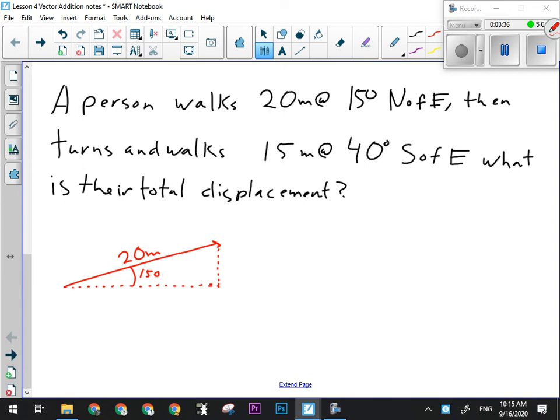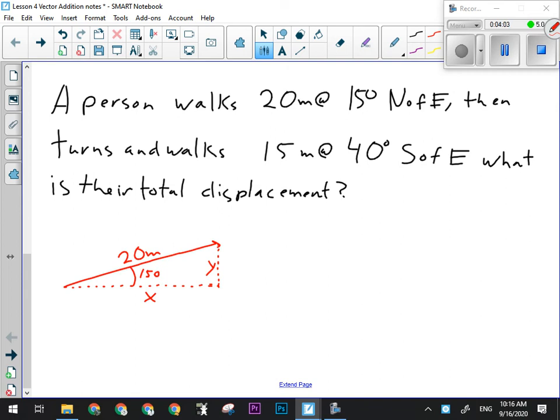Would you agree? So when I'm figuring out my components, I'm figuring out exactly how far east and how far north I go while walking along this 20-meter vector. In other words, I'm finding the horizontal, or x component, and the vertical, or y component, of that vector.